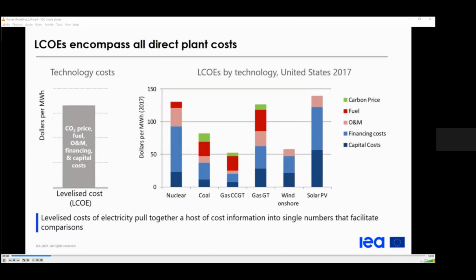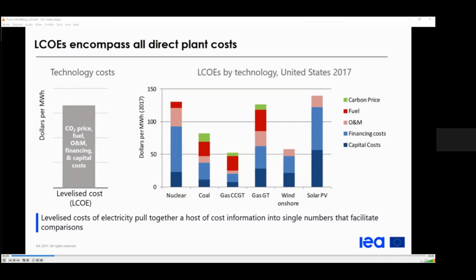On the other hand, gas, and to a lesser extent coal, are the opposite. They have high variable cost, and relatively lower capital cost than low carbon technologies.